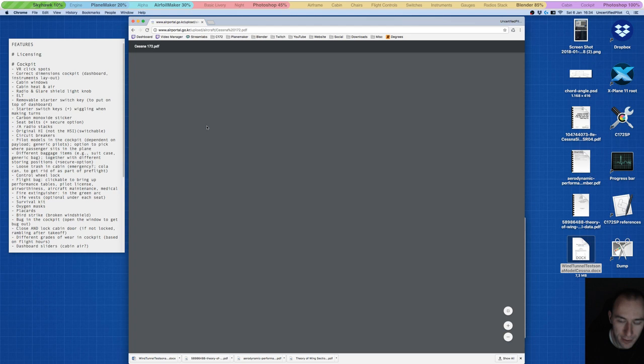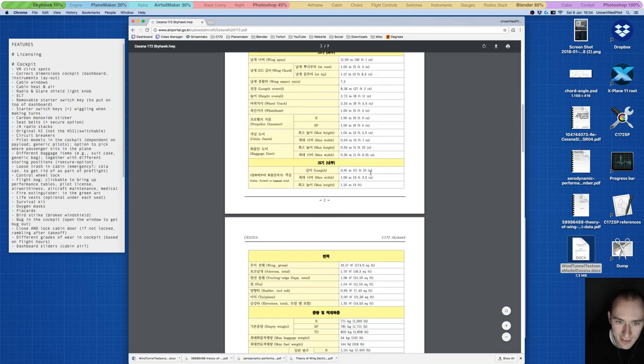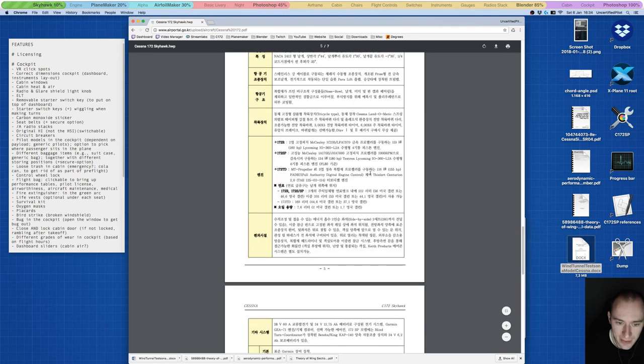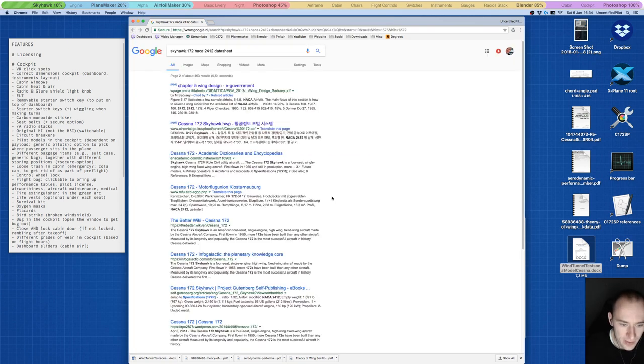It looks like spam, but let's see. Oh man, no, these are just general performance data. Where are we going to find that information, guys? I think I'm just searching too generically.